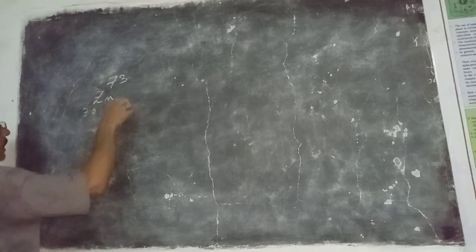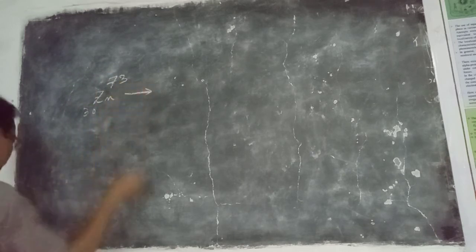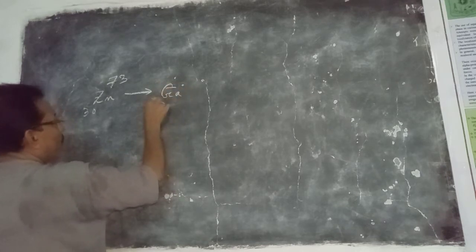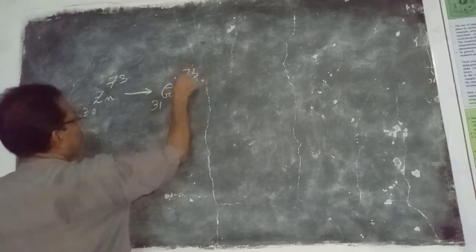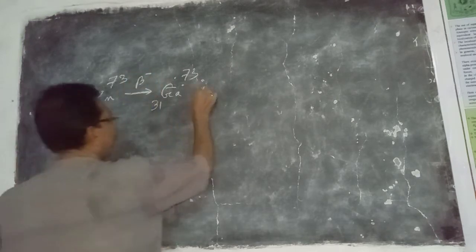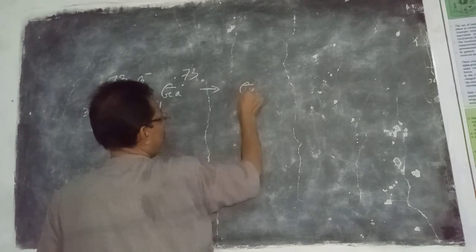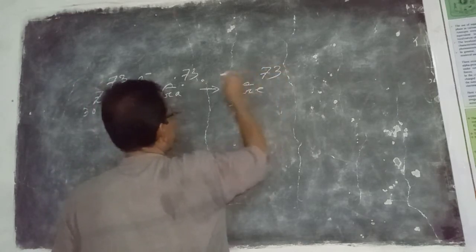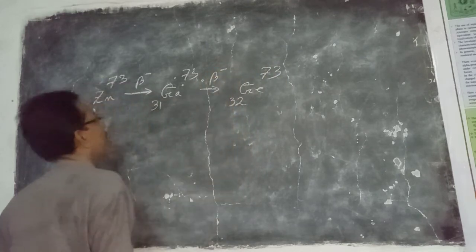Now, therefore, we have zinc 30, 73. It is on the left hand side. This mass is larger than this one, gallium 31, 73. So here you get electron emission, and finally it comes to germanium 32, 73, the most stable one, by beta emission.